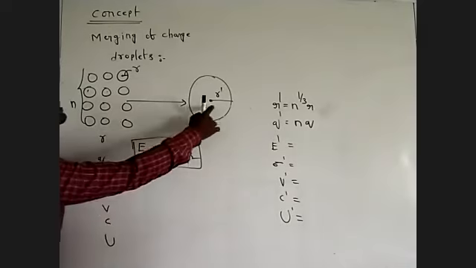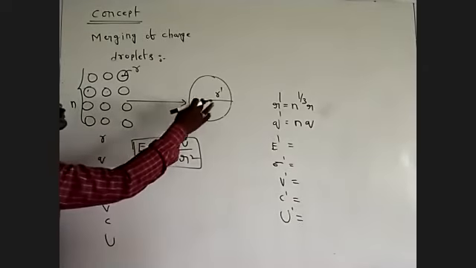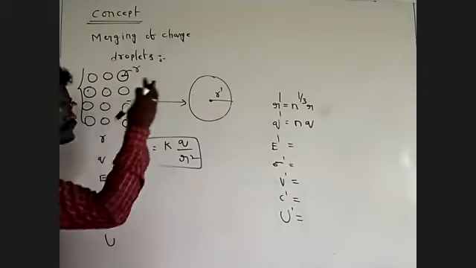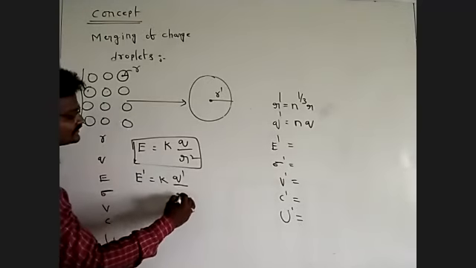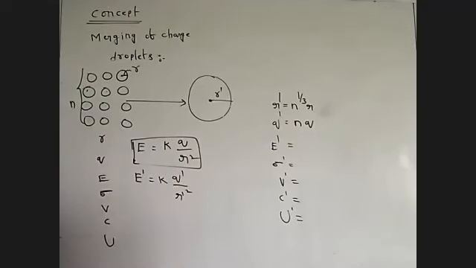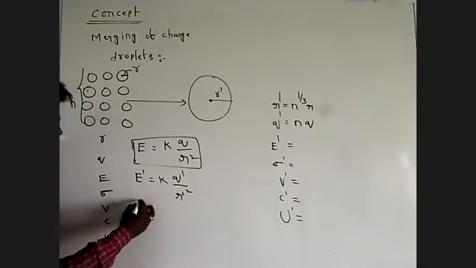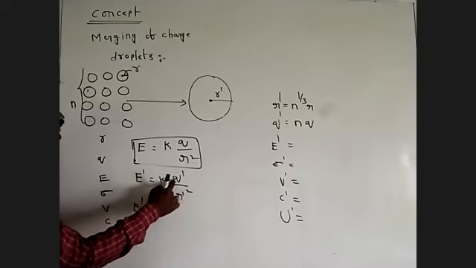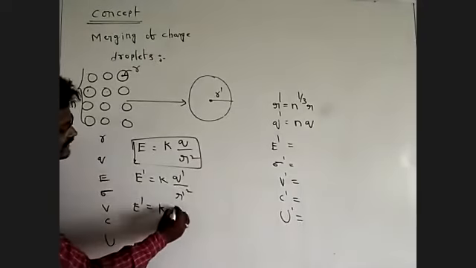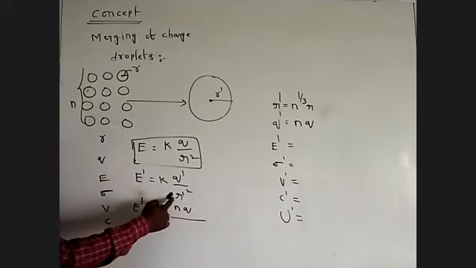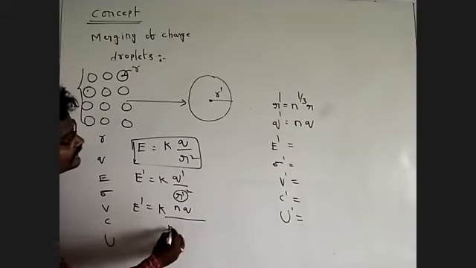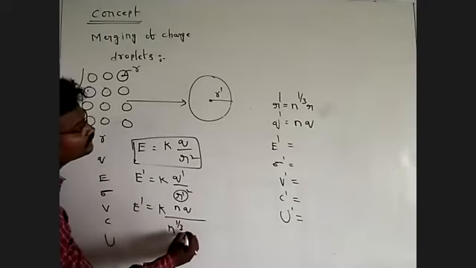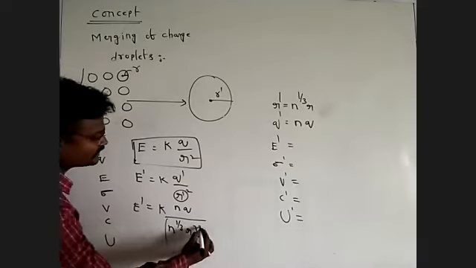For the larger water drop, the electric field is E dash equals K Q dash by R dash square. What is Q dash? nQ. E dash is equal to K n Q by R dash square. What is R dash? N power of 1 by third into R, whole square.